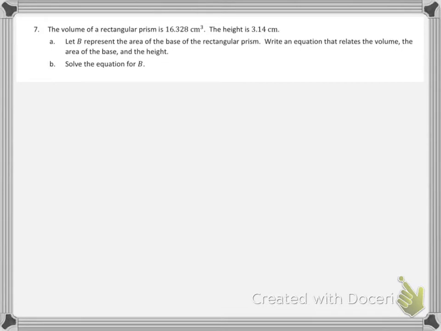Number 7: the volume of a rectangular prism is 16.328 cubic centimeters. The height is 3.14 centimeters. Let B represent the area of the base, and write an equation that relates volume. Well, we already know it. We've used it all lesson long. Volume equals area of the base times the height.